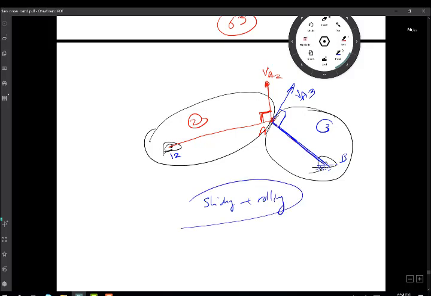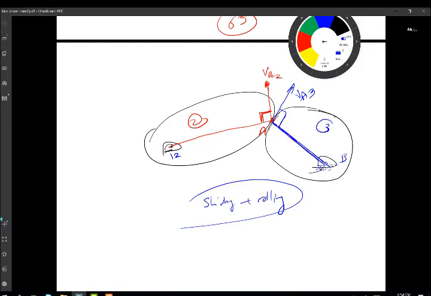So in this case, what happens? Where is the point of common velocity then? You ask. Okay, the point of common velocity, I cannot find it straight away. To find it, I need to draw a line which is common, which is perpendicular to the tangent.